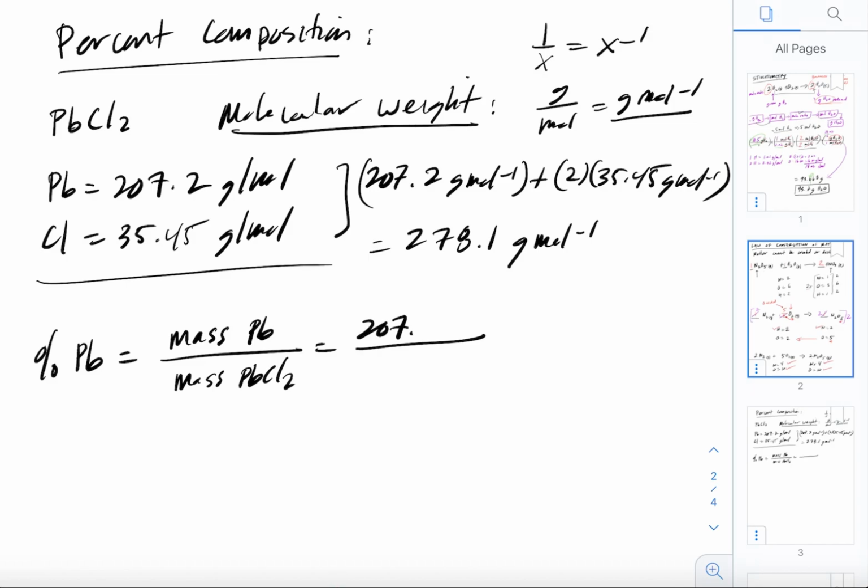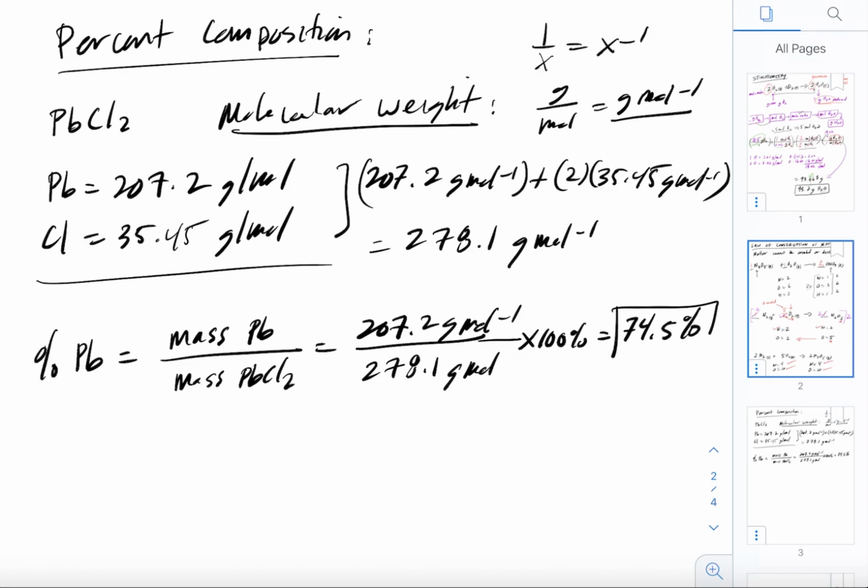So we're going to divide the molar mass of lead by the molecular weight of lead chloride, which is 278.1 grams per mole. Now it's percent, so we need to multiply by 100%, or else we get a decimal, and we get 74.5% lead by mass.